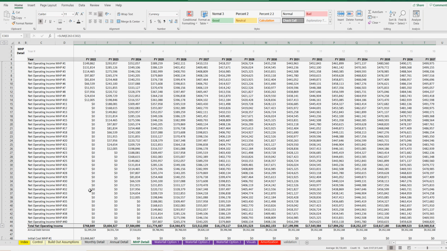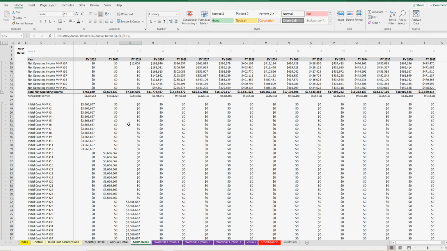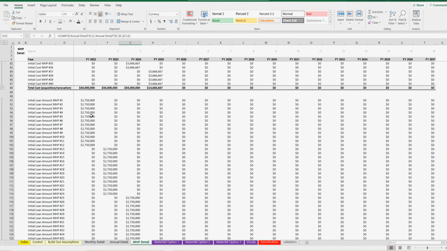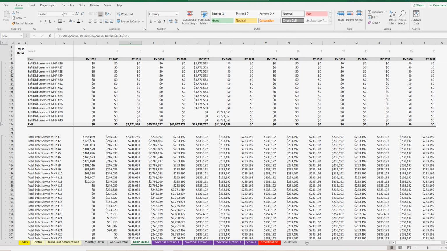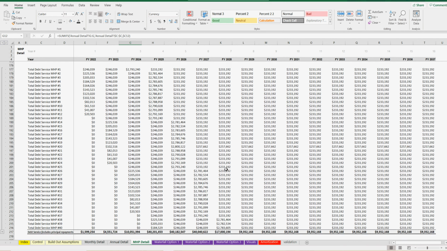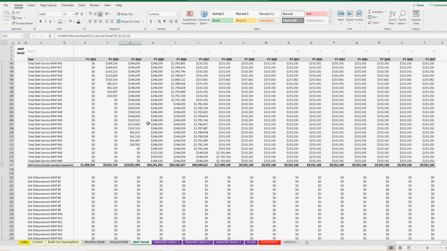The MHP detail, which we kind of went over, just shows you by mobile home park property what is the operating income for each year, what's the initial cost, what's the initial loan amount, what's the refi disbursement amount, what's the total debt service. And you can see this includes the refi.